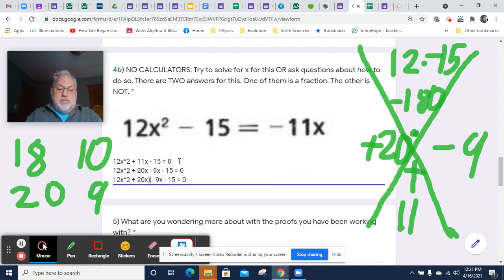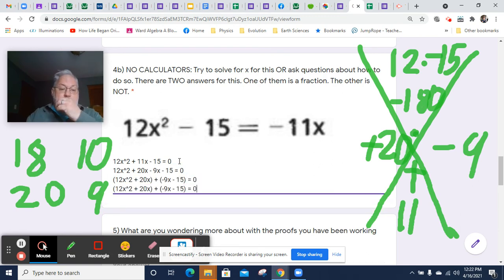So I'm going to put a parentheses here. I'm going to put a parentheses, actually in front of the negative sign. And I'm going to call that plus here. And then I'm going to copy that one more time.